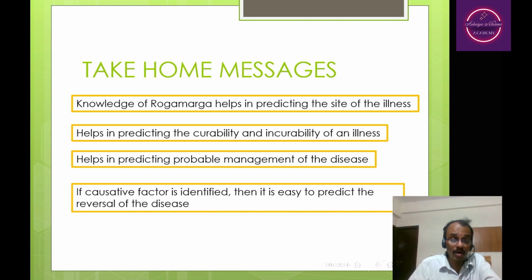And if the causative factor is identified, then it is easier to predict the reversal of the disease. If you identify the causative factor responsible for the disease, wherein different Rogamarga affliction is there, then it is very easy to predict the probable reversal of the disease, and even the events that can be observed in the subsequent days.